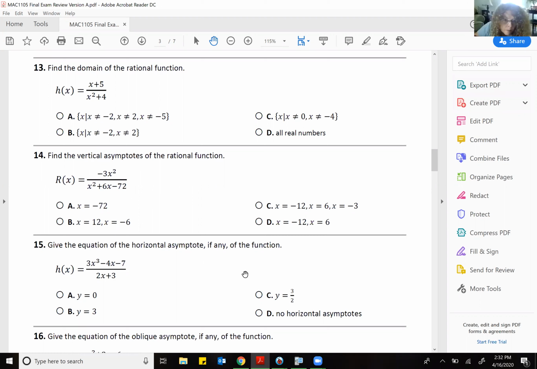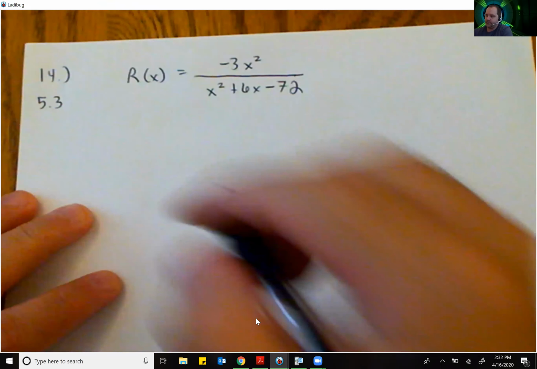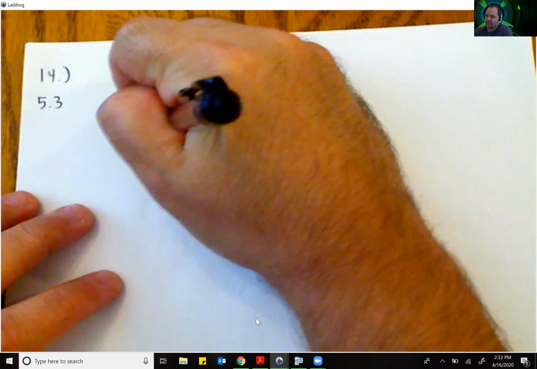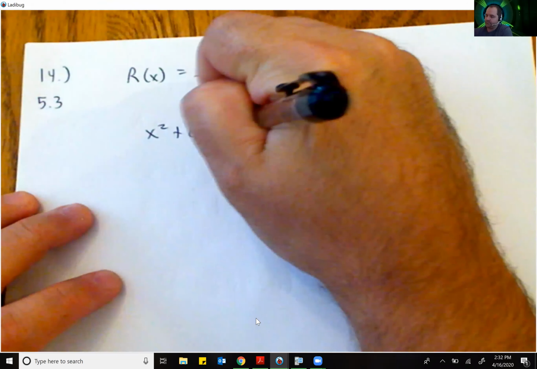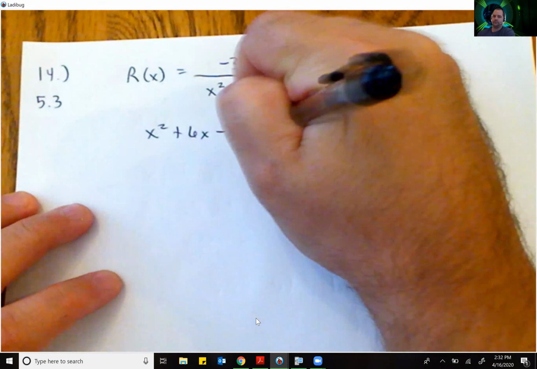Okay. You know what? I forgot. My brain's not there. It's okay. It's a lot like what we just did with the domain. You're going to take that denominator and set it equal to 0. You want to find the vertical asymptotes? That's what you have to do. So we're going to take this x squared plus 6x minus 72, and we're going to set it equal to 0. x squared plus 6x minus 72 equal to 0.